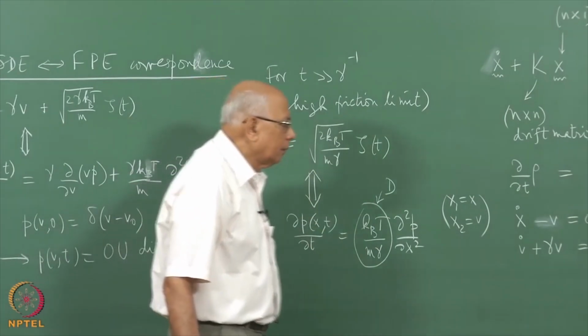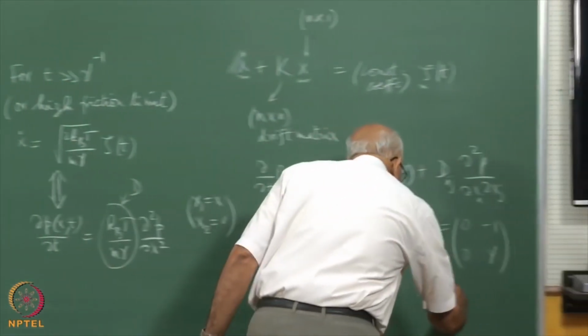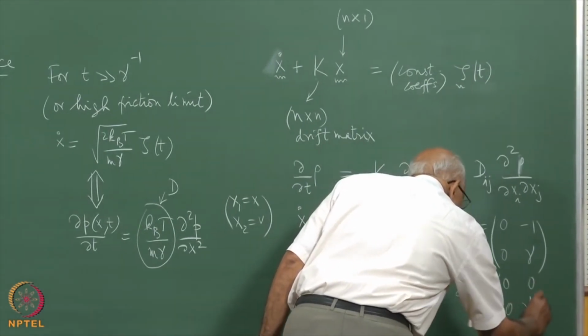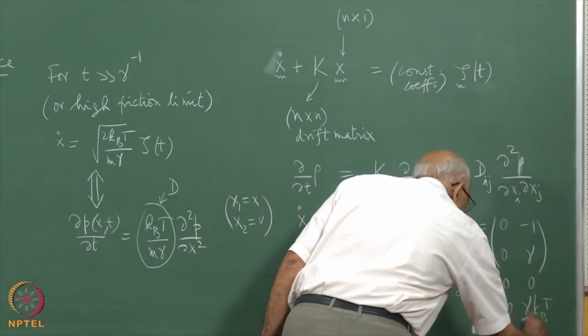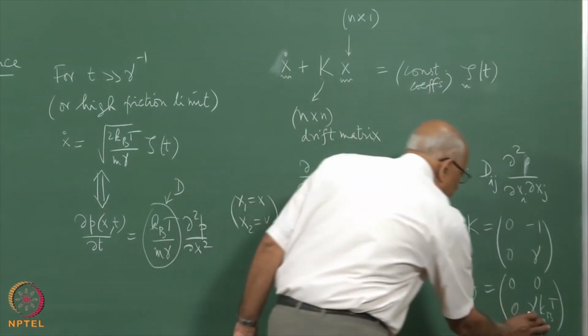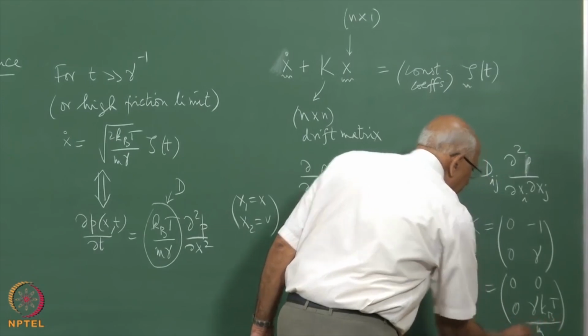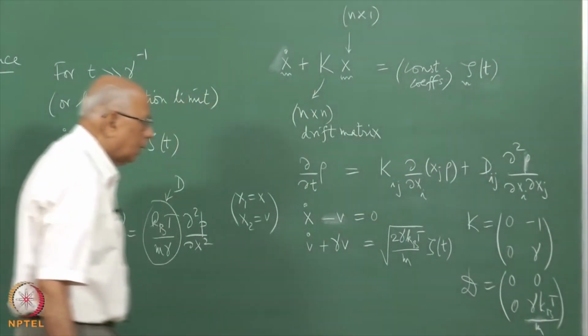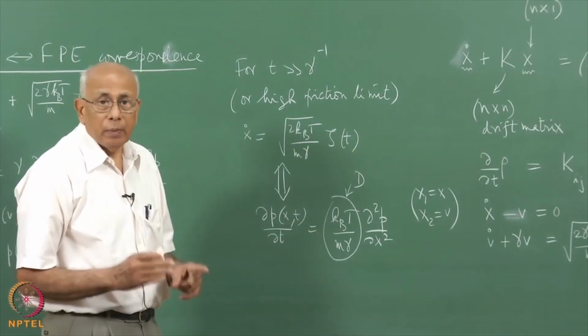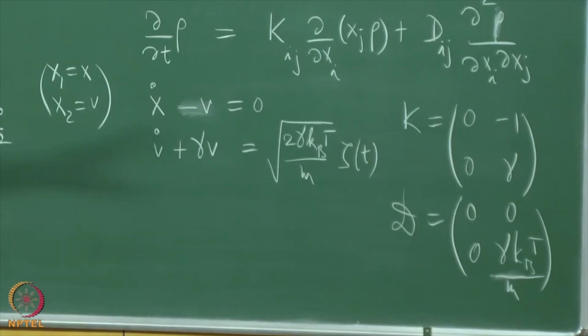This thing here is equal to 0, 0, 0, gamma k Boltzmann T over m. So, that is the equation obeyed by the phase space density, and we have done this already.